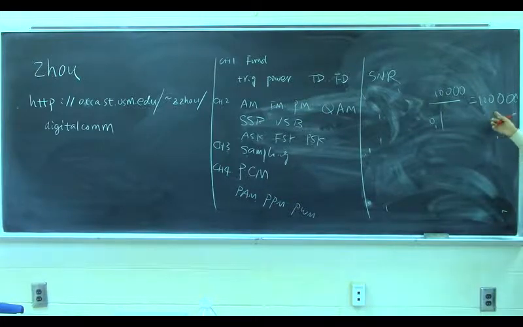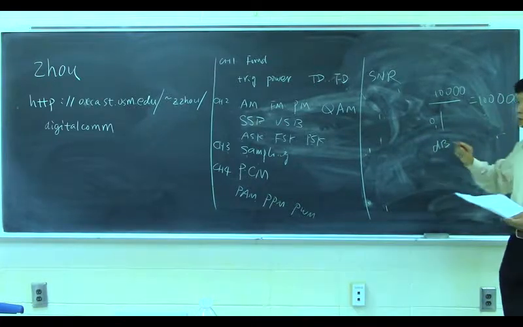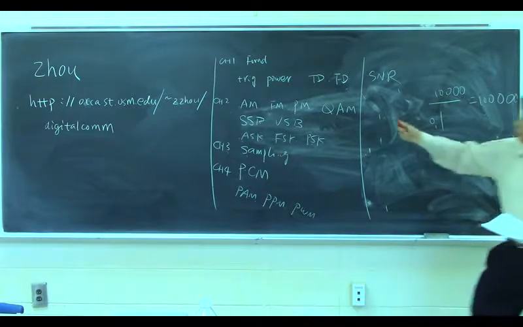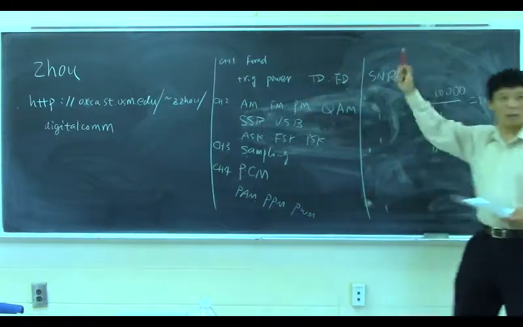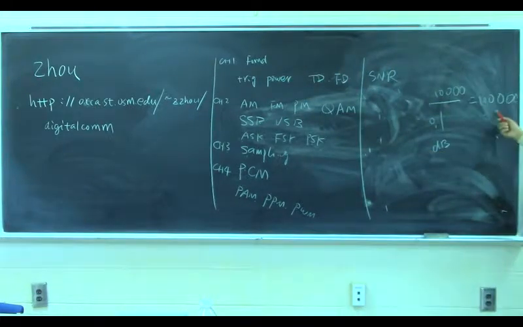It's not very convenient to write such a large number. So what we are going to use is dB, a concept that will be discussed in the first chapter. dB is just taking the log base 10, then multiplying by 10, or by 20.